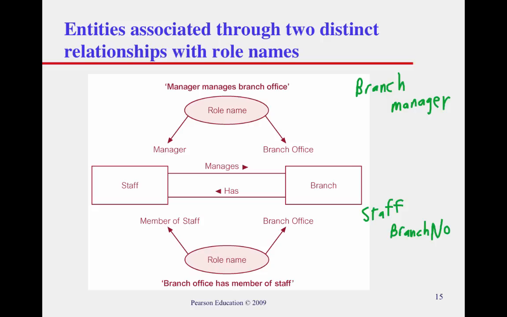Now, if you picked your verbs well, then you might not have to do that, but with these circular ones, typically you would label the roles as part of the relationship. So remember, relationship name, typically a verb. The roles should be nice, short nouns.